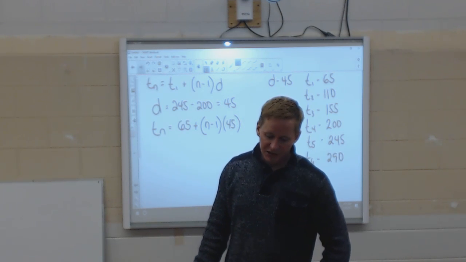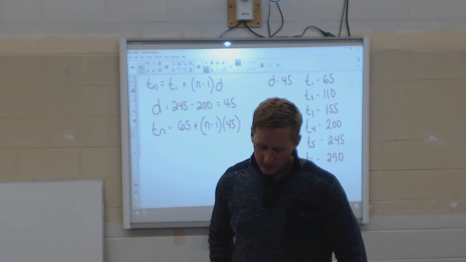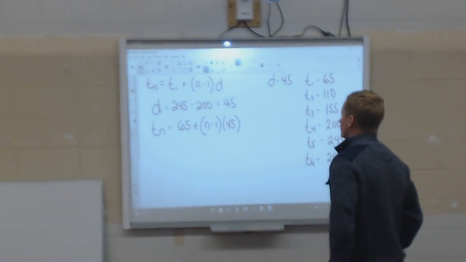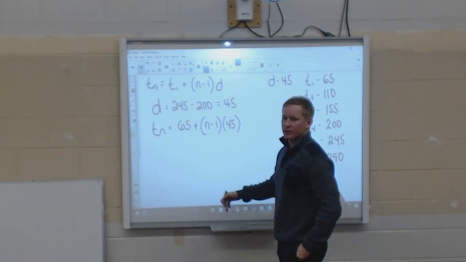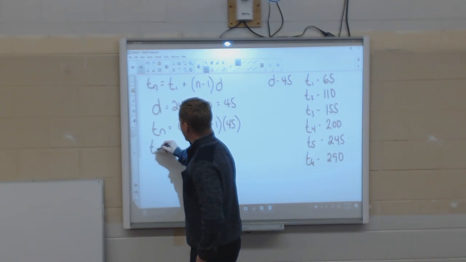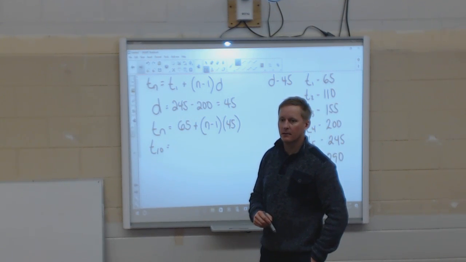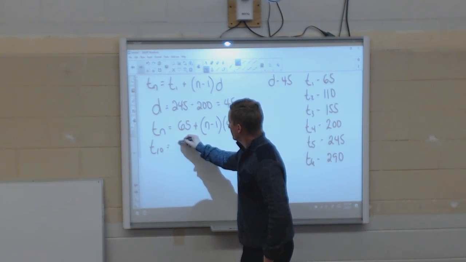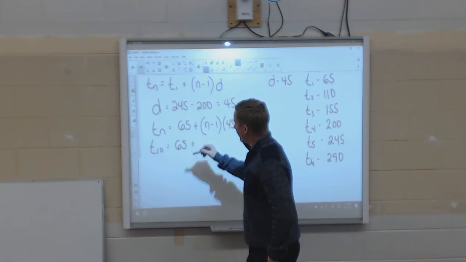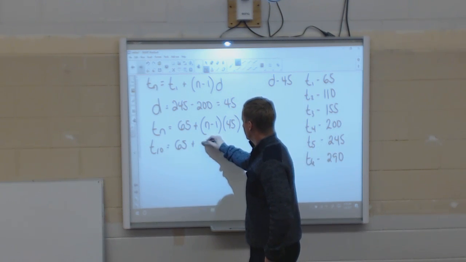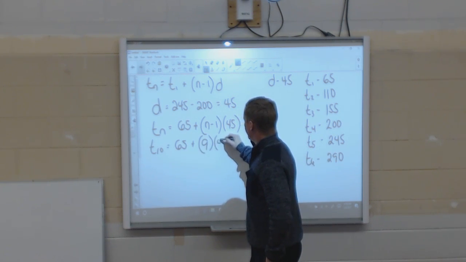So that's the general statement to find any term in this arithmetic sequence. So then the next question is, how much does he get paid if he works 10 hours? So I want the 10th term. So how do I find that? 65 plus 10 minus 1 times 45.